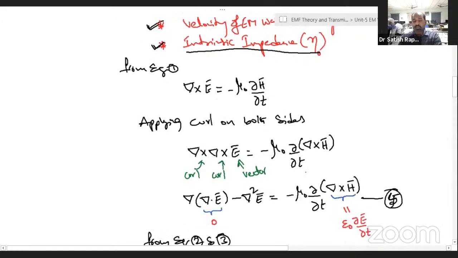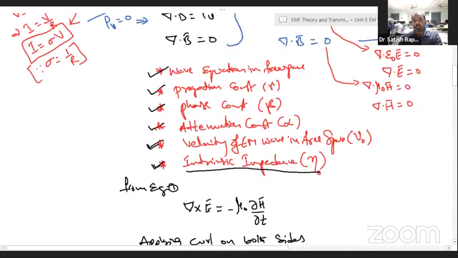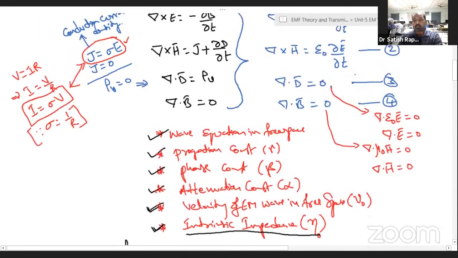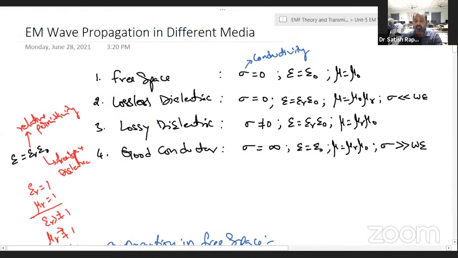So I have derived the EM wave equation directly by considering Maxwell's equations, and simplifying them, following a certain procedure, I have defined all the related parameters. So this is about EM wave propagation in free space.